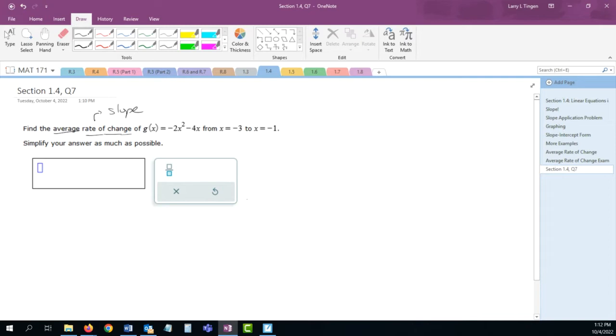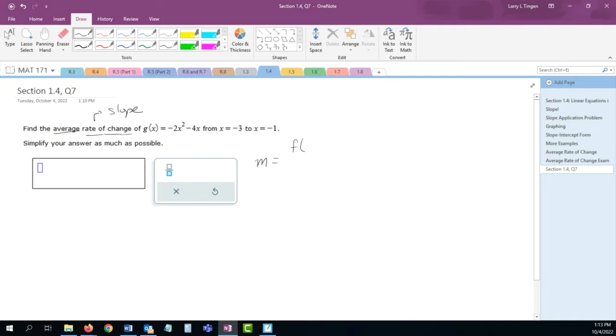The slope equation, since I'm in function notation, says find f at -3, and it's from first to the second, from -3 to -1.